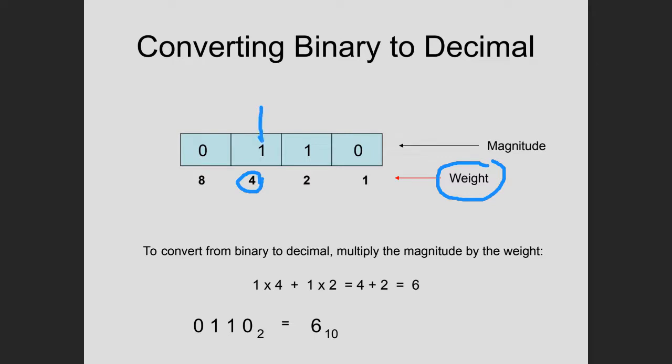So 1 times 4 gives me a 4. 1 times 2 gives me a 2. If I type 6 on my cell phone screen and hit enter, what actually gets stored in the microprocessor is 0, 1, 1, 0.